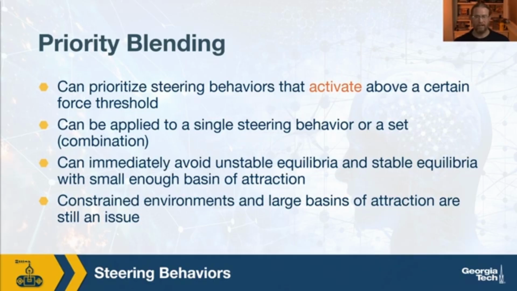So the agent's not stuck at a fixed point, rather it's stuck in a pattern of movement, like going in a big circle over and over. So priority blending isn't a solution to all problems, but it does help. And you still have issues with constrained environments. And of course, stable equilibria where you have a large basin of attraction would also be an issue.